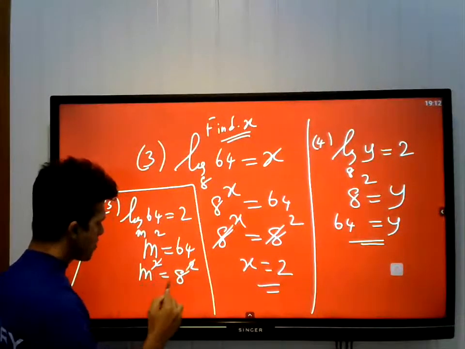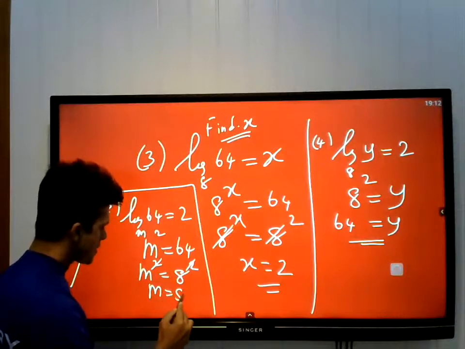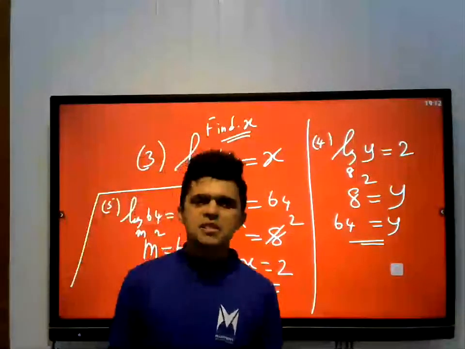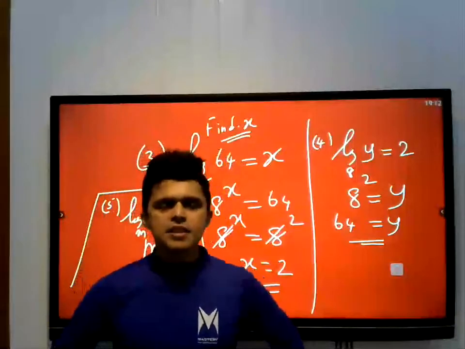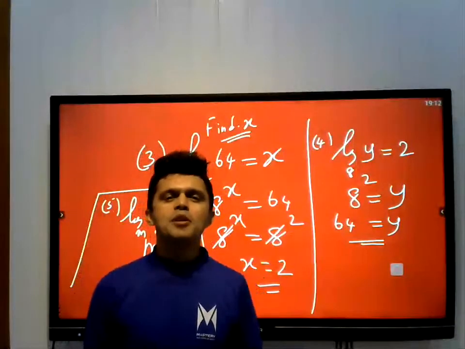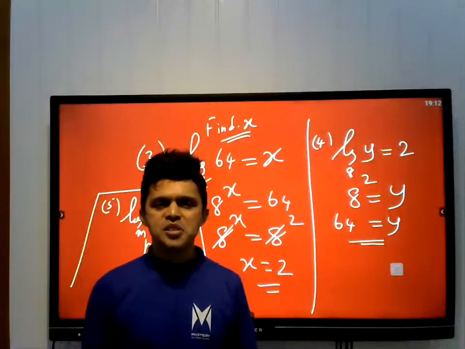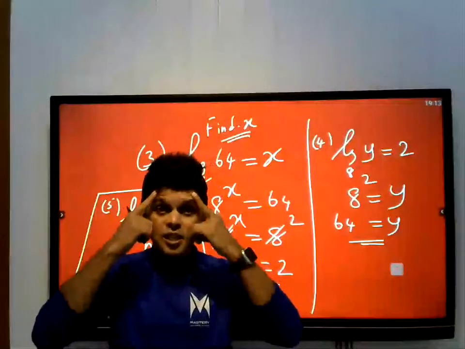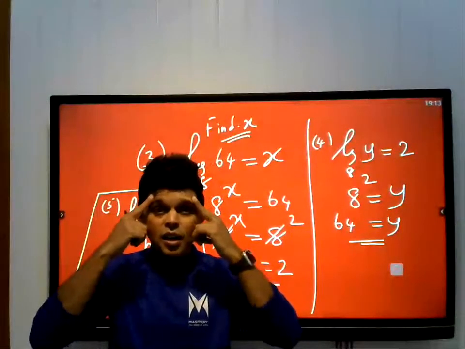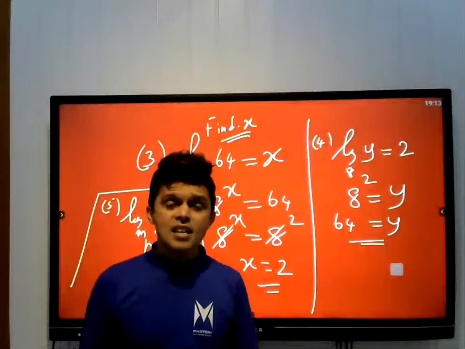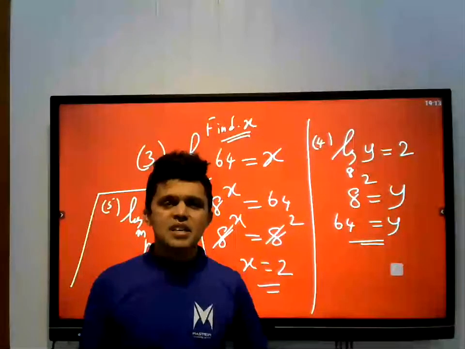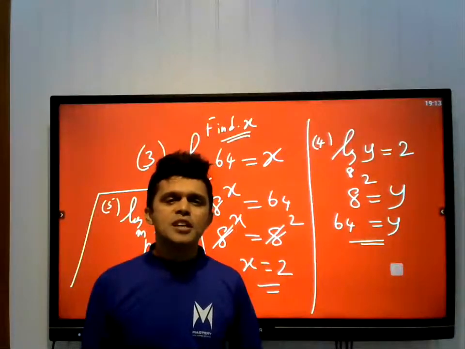Now the 2 and 2 can be cancelled out. m equals 8. So when you learn this whole segment, you will easily be able to do the sums in the first exercise of your textbook. Learn these sums again and again, then you will be able to simplify sums related to your textbook.